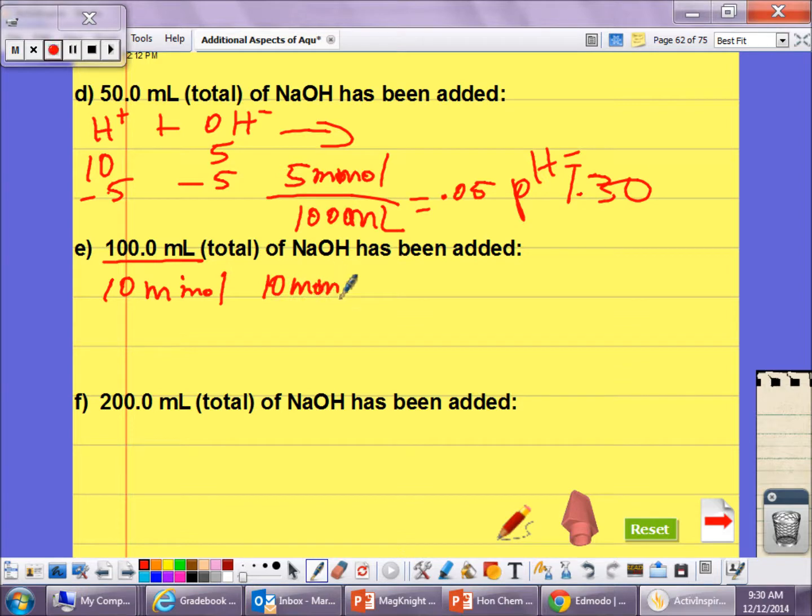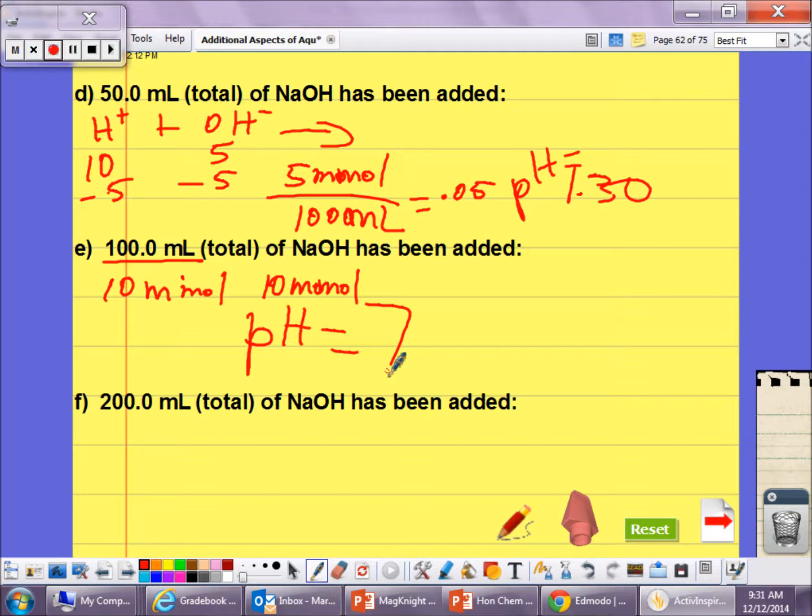What do we have in that beaker now? 10 millimoles of acid, 10 millimoles of the strong base. What is in that beaker? A neutral salt. I don't need to do any math. It saves me by knowing that. So the pH is 7 because it is a strong acid plus a strong base. As long as I show that, I don't really need to do any math.